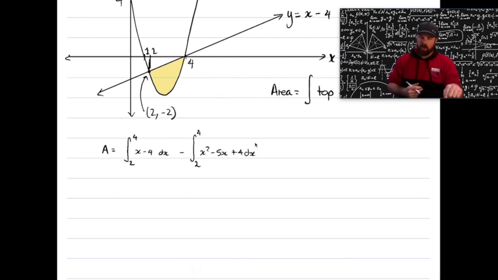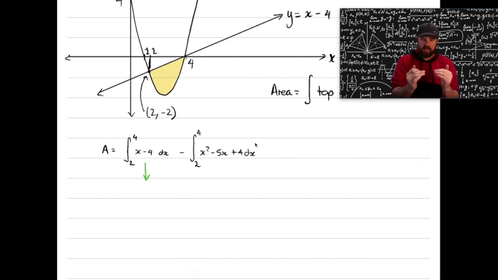But that's not what I've got written down here. What I've got written down here is the straight line minus the parabola. Explaining what's going on there: we know that in that section between 2 and 4, that straight line exists below the x-axis.